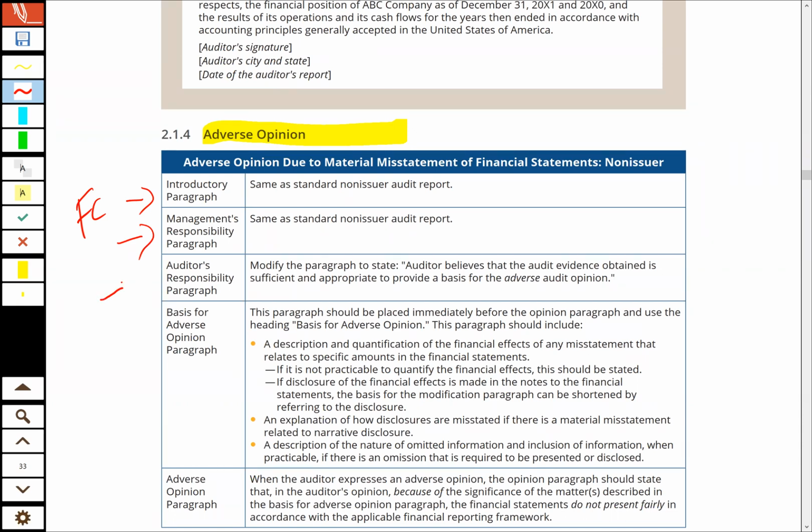The auditor's responsibility paragraph then will say that what? It'll trumpet the basis for the adverse opinion. So now we simply changed the word qualified to adverse, and then we put the basis not for qualified, but now basis for adverse opinion. What are our reasons for giving the adverse opinion?